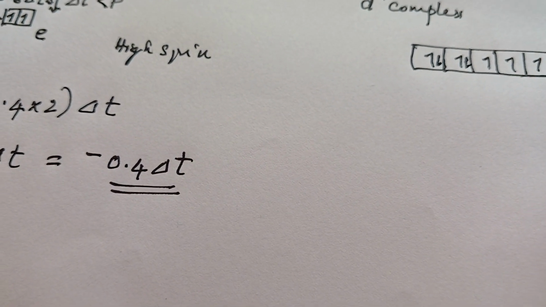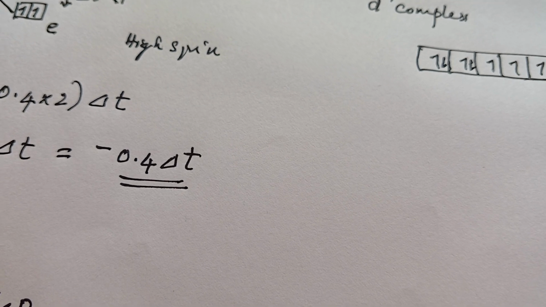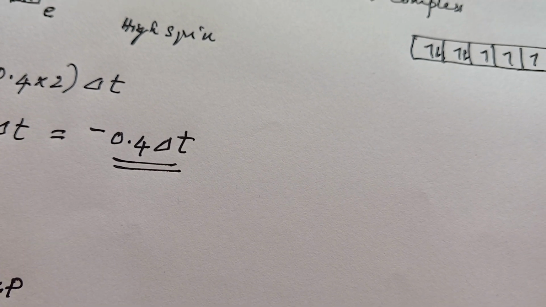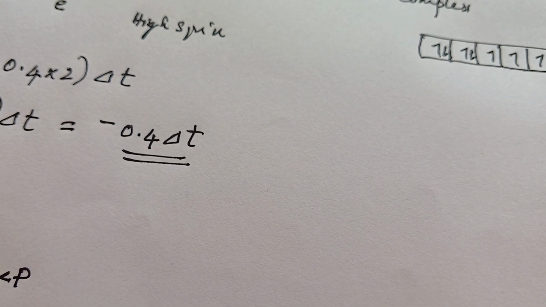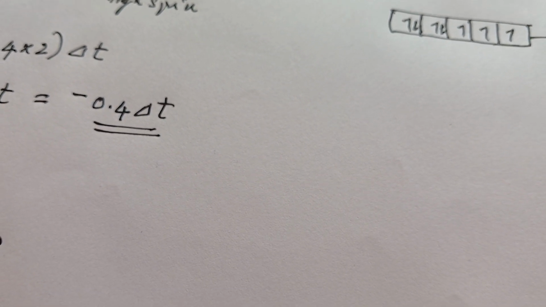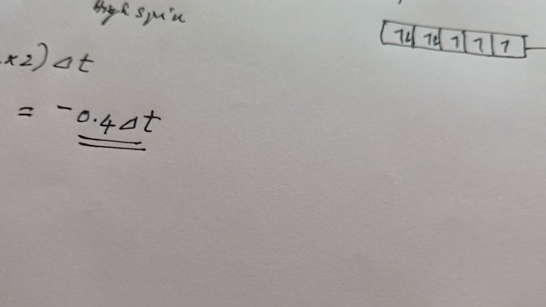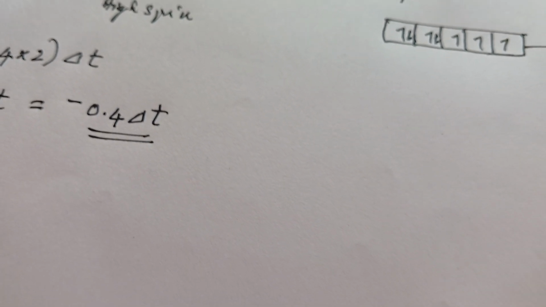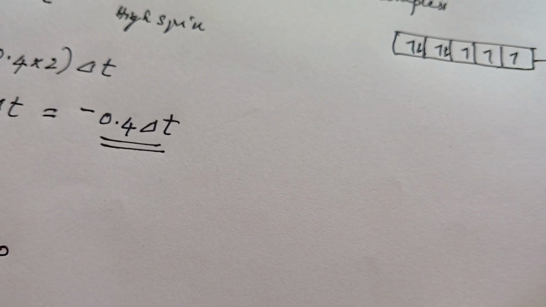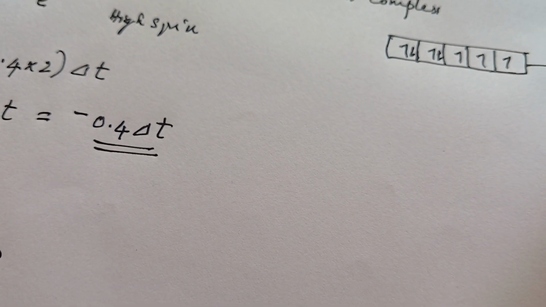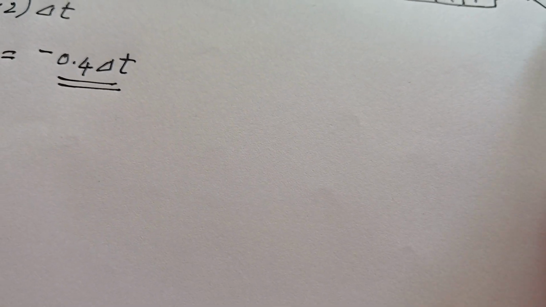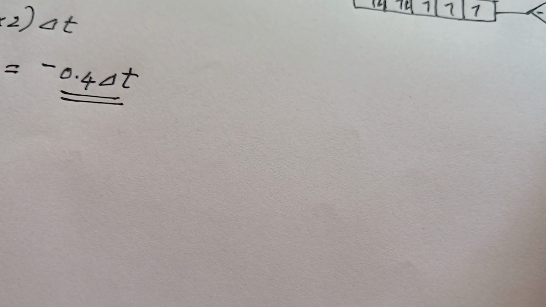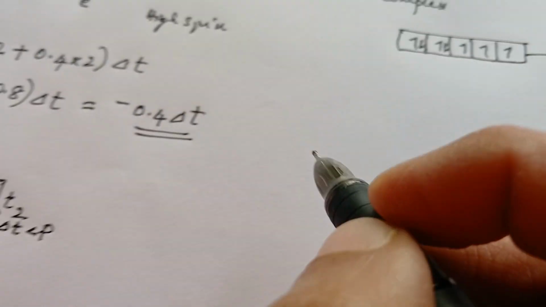They split into the T2 set and the E set. Delta T less than P, barycenter, 0.4 delta T, minus 0.6 delta T here.